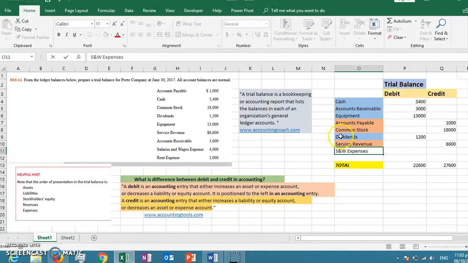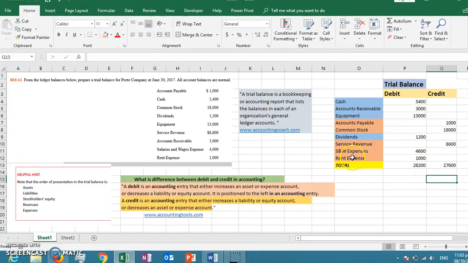So it should increase an expense account and it goes under the column of debit. So salaries and wages expenses are 4,000. And the last one is rent expense. And as you can see there, oh, this one's blue.